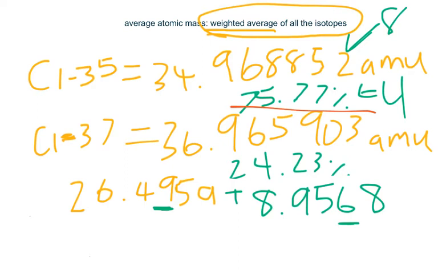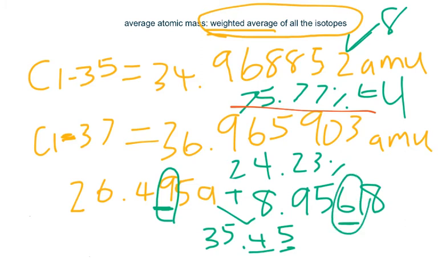And when you add these two together, we will basically get, well, let's see. We want the second decimal place. So when we write our answer of 35.45, see how it has 2 decimal places, because the numbers that we added have a maximum of 2 decimal places, since this is marked at the second decimal place and this is marked at the third decimal place.